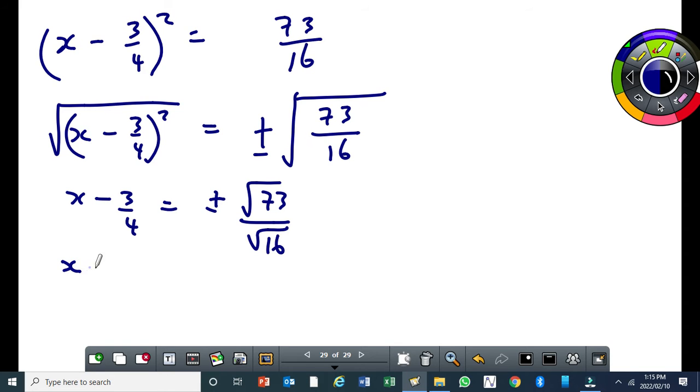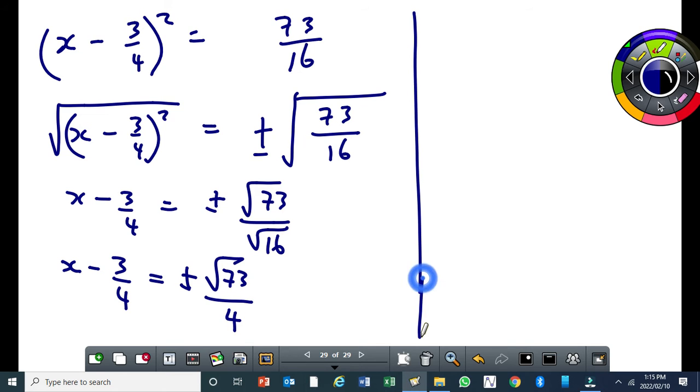So this becomes x minus 3 over 4 is equal to plus or minus the square root of 73 over 4. Then take this minus 3 over 4 to the right hand side. You do that, you get x equal to 3 over 4 plus or minus the square root of 73 over 4.